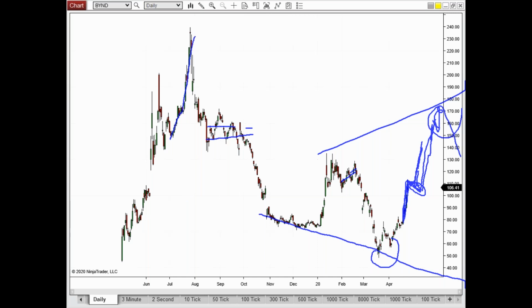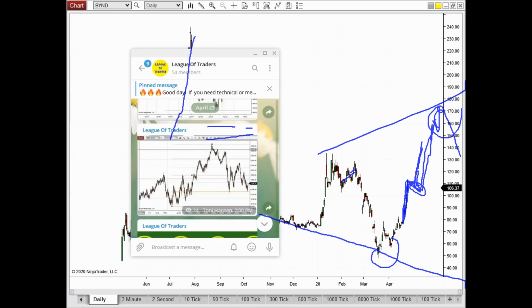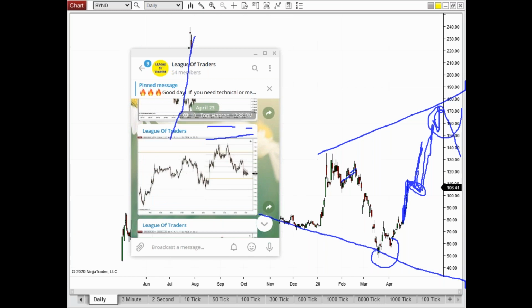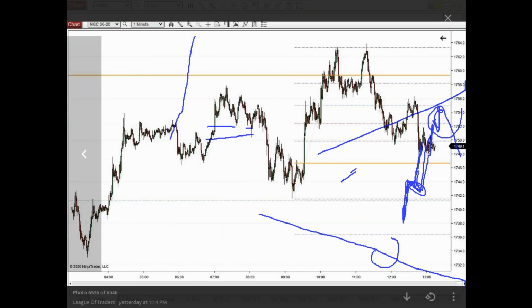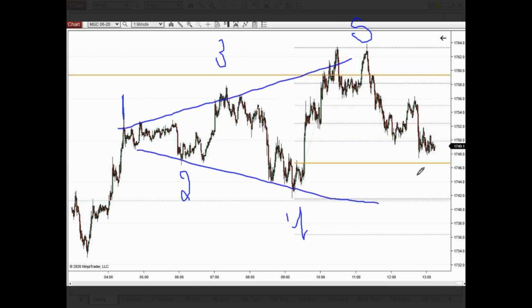Actually, I can go show you some examples. That one on gold is a great example because what you've got is your first high, 2, 3, 4, 5. Basically you're looking for a short off of 5 when you're looking for reversal patterns. But this distance here to here, you want it to be wider.